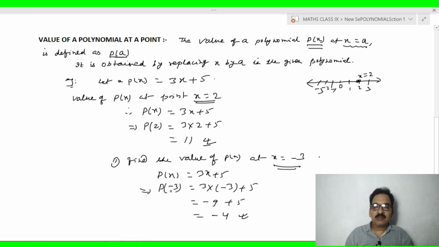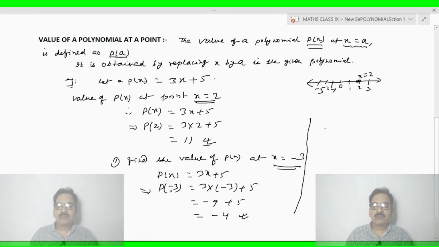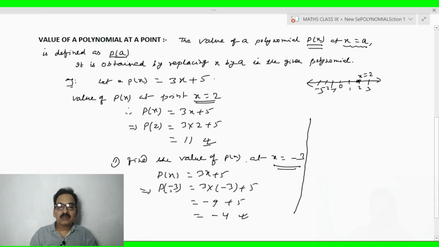Similarly, sometimes you get a question where a polynomial is given and you must find p(1), p(2), p(0), p(5). Okay, one more example. Suppose the question is not worded like that; the statement will not say find the value at a point. Suppose the question directly gives a polynomial.